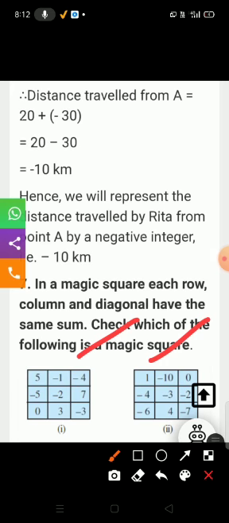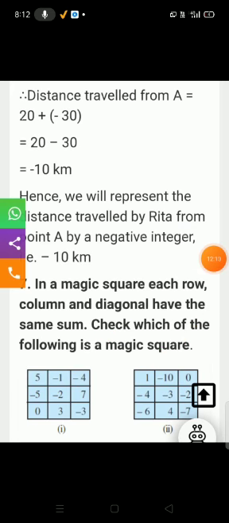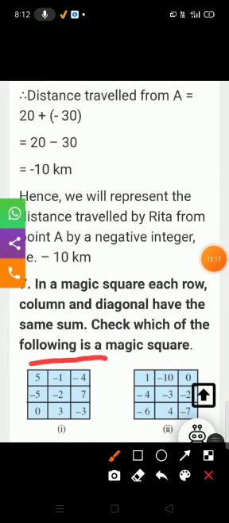So this is a row and this is a column. Row means we take the numbers 5, minus 1 and minus 4.